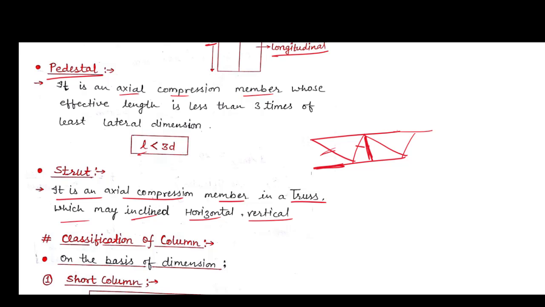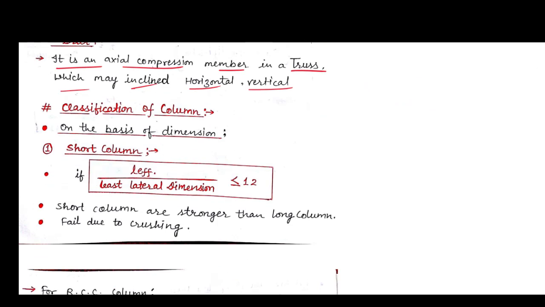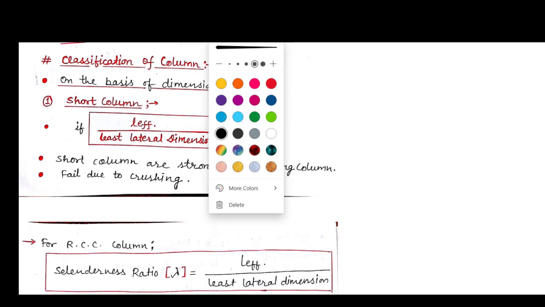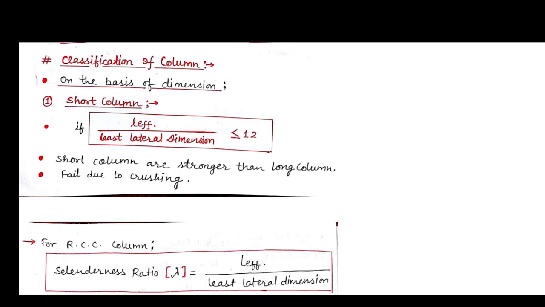As for the classification, columns are classified in 2 categories. First one is the short column, second one is the long column. Based on dimension, if L effective divided by least lateral dimension is less than or equal to 12, then it is known as a short column.